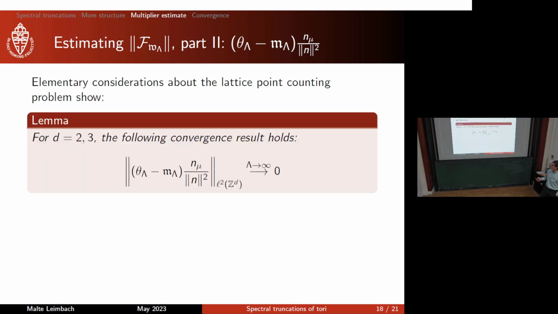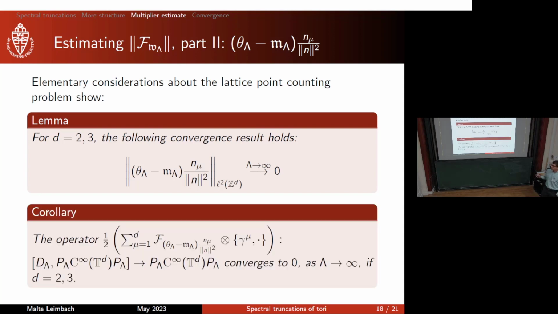And if you do that, you get some rather rough estimate for these discrepancies, but they're enough to show that in the 2- and 3-dimensional case, this L2 norm I showed you on the previous slide converges to 0. And that's basically all I'm going to show you today. So what this means is that at least in dimension 2 and 3, the norm of this operator is bounded and converges to 0 as lambda tends to infinity.